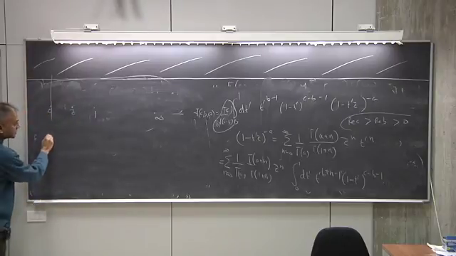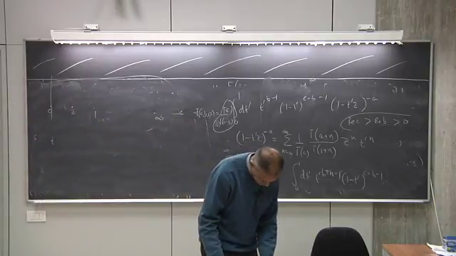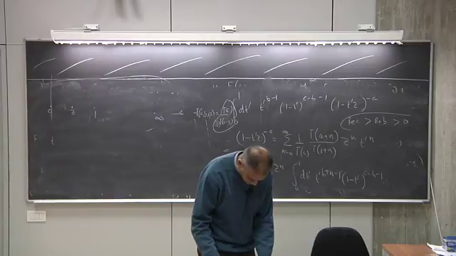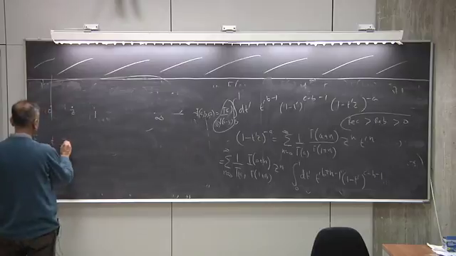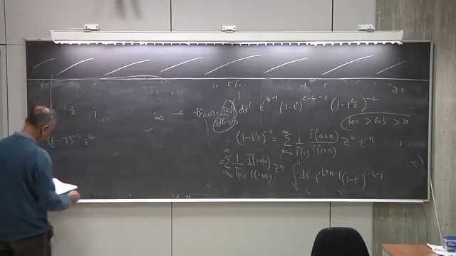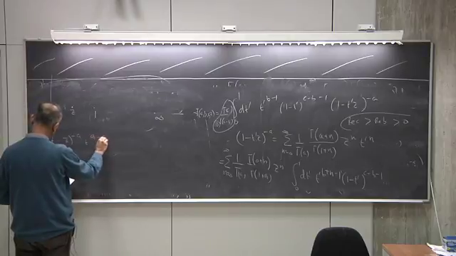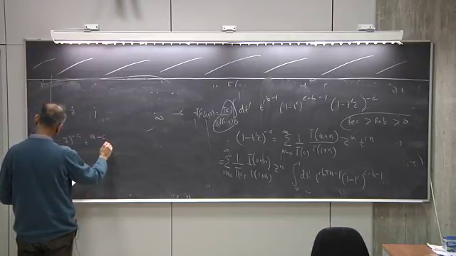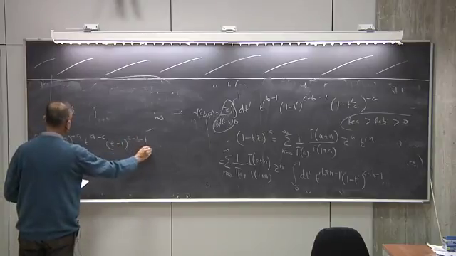So the original expression, before I did the change of variable, was in terms of t: t minus z to the power of minus a, t to the power of a minus c, and t minus 1 to the power of c minus b minus 1, dt.